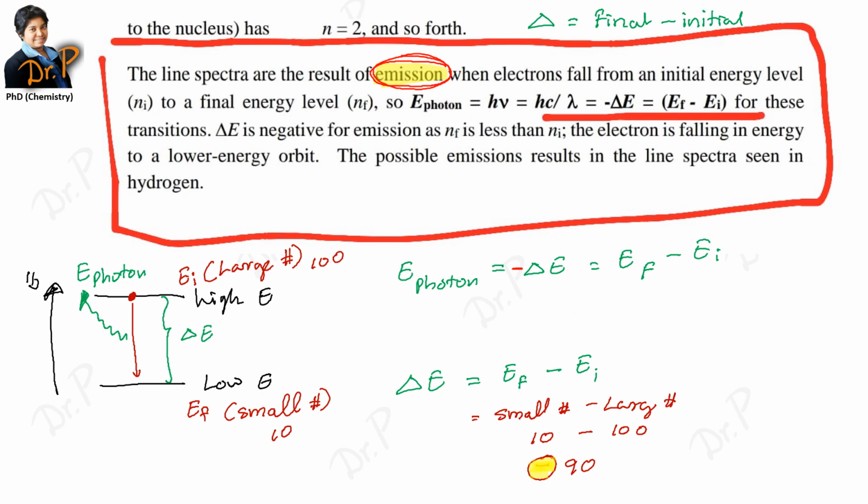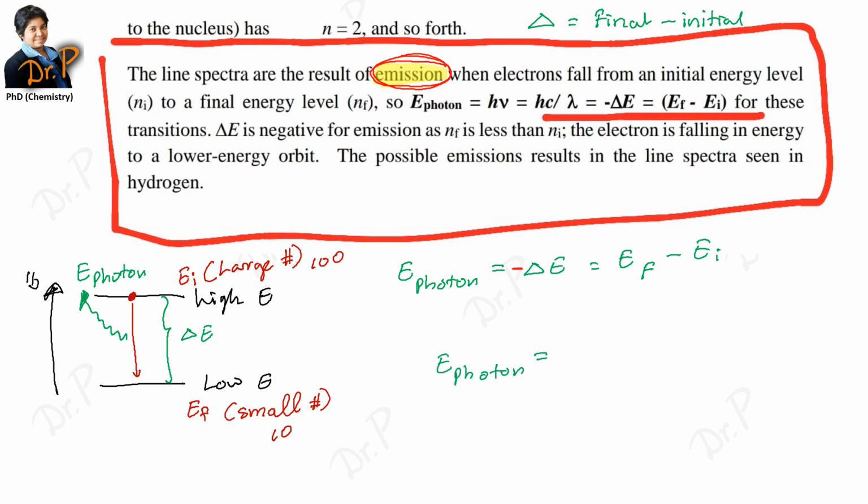I'll just erase this part to remove the clutter in this area. And then let's look at the other part of this equation, where negative delta E is equal to this relationship. We know how to calculate the energy of a photon. We can use the E equals h nu relationship.